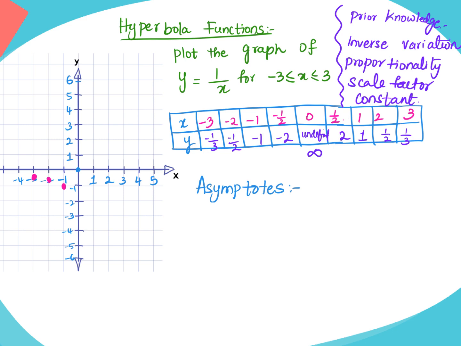When it is 0, it's not defined, so we can't pass through 0. When it is half, it is 2. Then you have 1 to 1, and 2 is at half, and 3 is at 1/3, somewhere there.